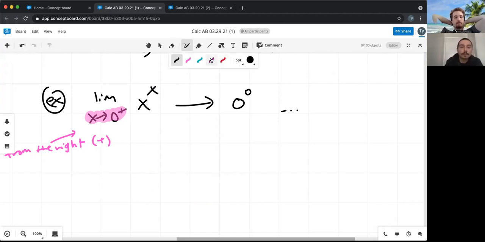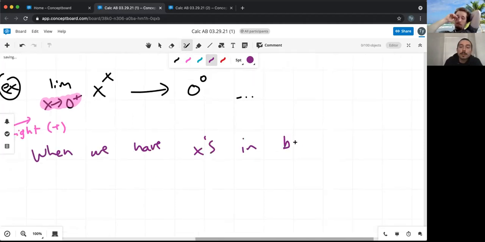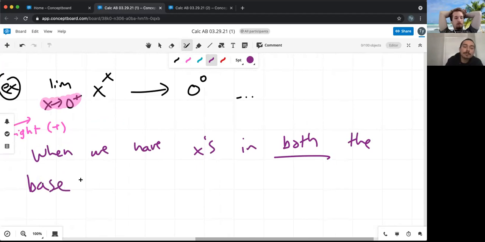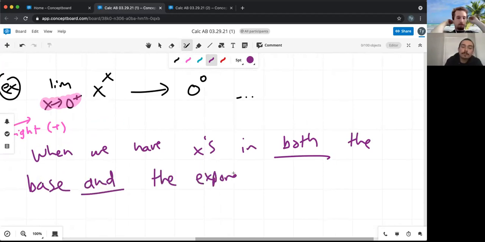So when we get it in both places, try this trick. Let me write this out a little bit. When we have x's in both the base and the exponent, try this trick.